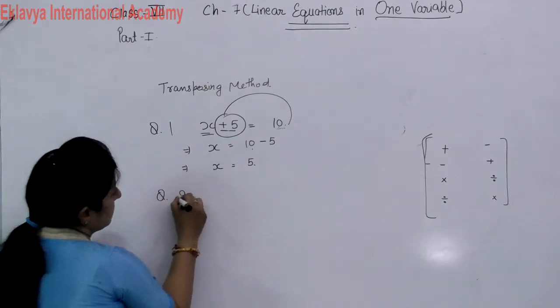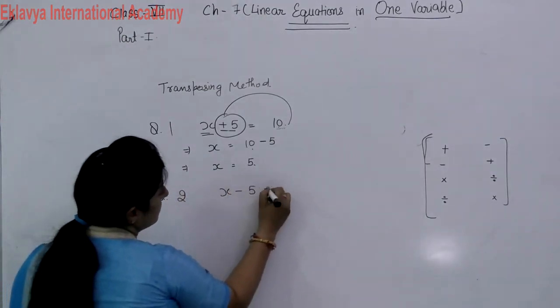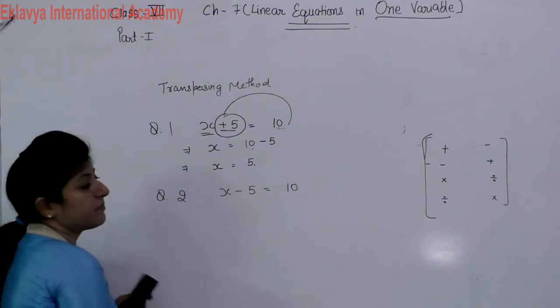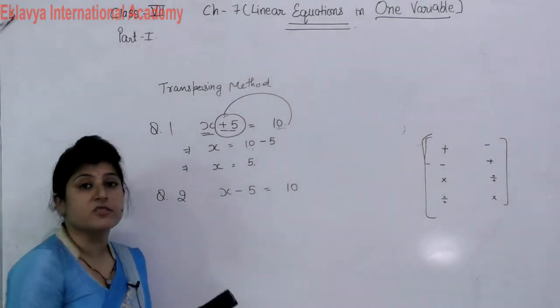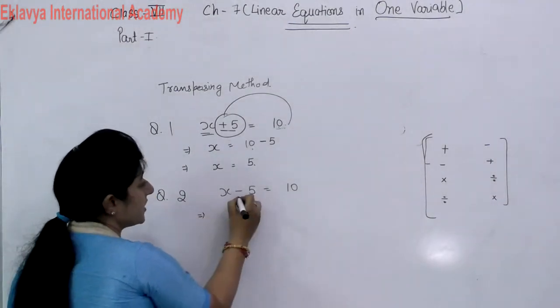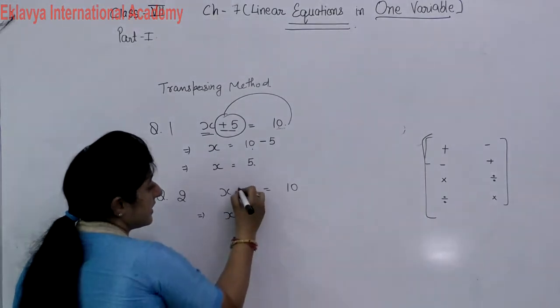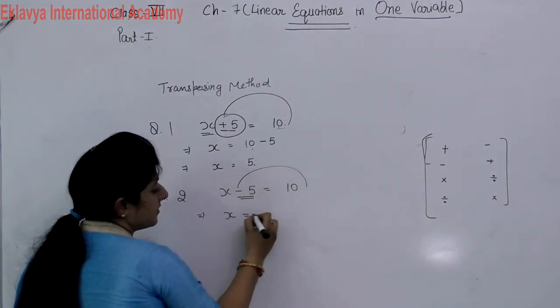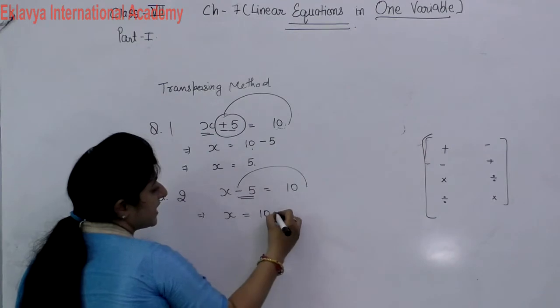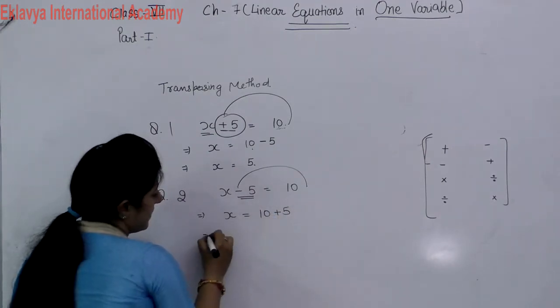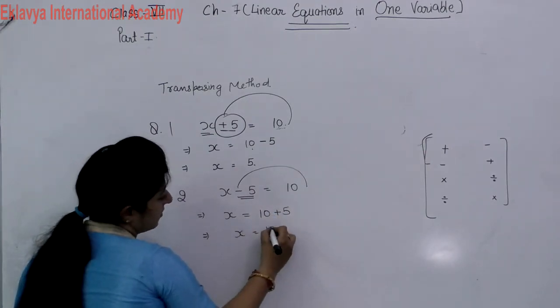Similarly, if I write x minus 5 is equal to 10, this one is minus, and when you change the side, the minus changes into plus, so the x value is equal to 15.